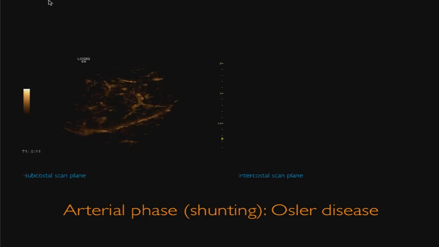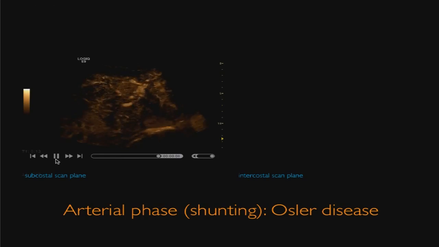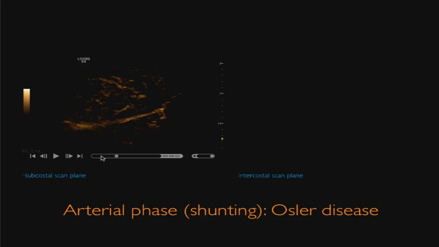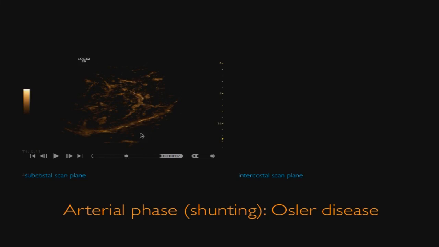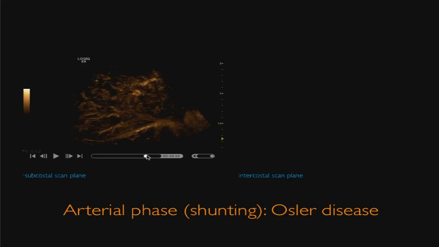If we stop this loop and go back and forth, you can see we already have contrast agent in the portal venous system, not in all, but in this one. When we go further, we see the hepatic veins filled. So we have, number one, arterial-portal shunting, and number two, arterial-venous shunting.